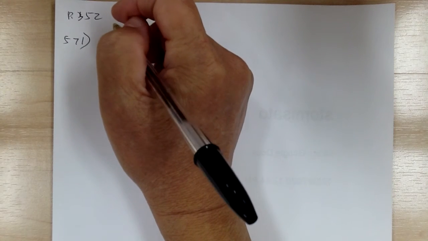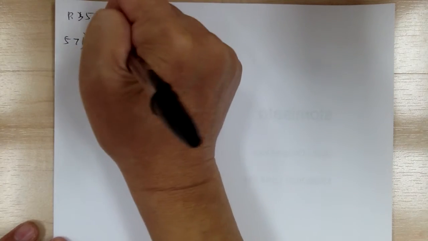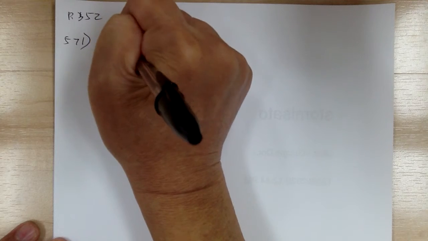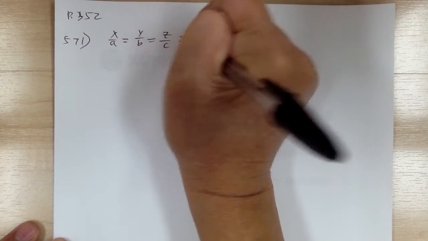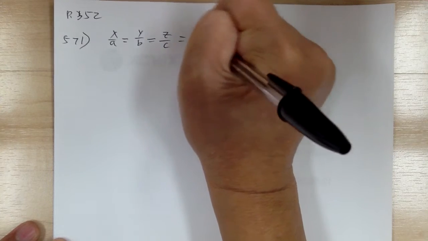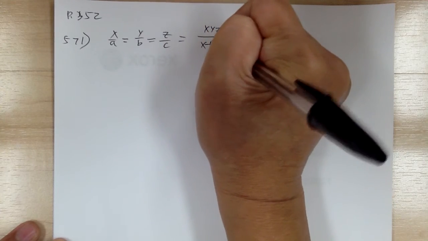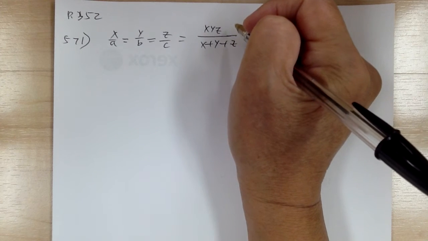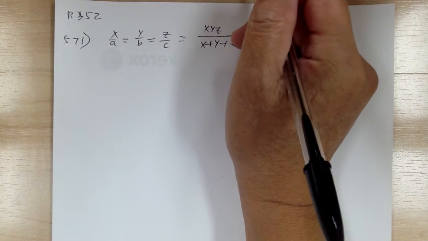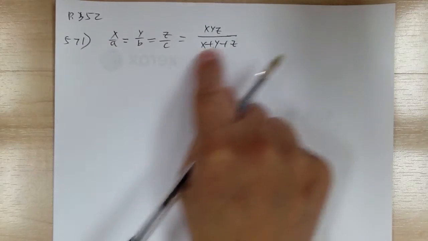Find x in terms of a, b, and c if x over a equals y over b equals z over c equals xyz over x plus y plus z. So first let's make into pairs.